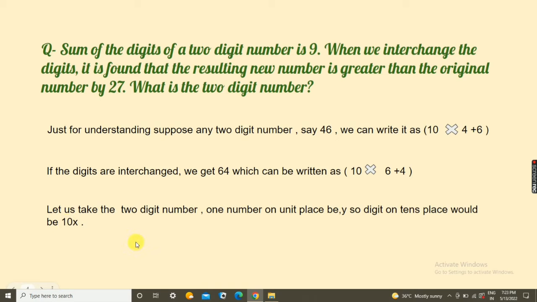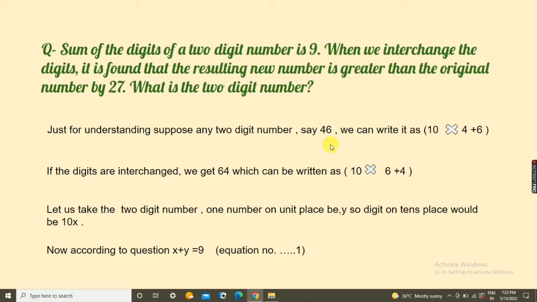Now, it's given in the statement that the sum of the digits of the 2-digit number is 9. We can write that x plus y is equal to 9. This becomes our equation number 1.